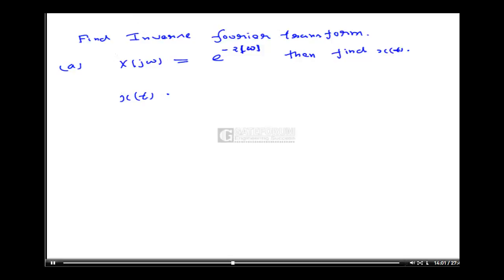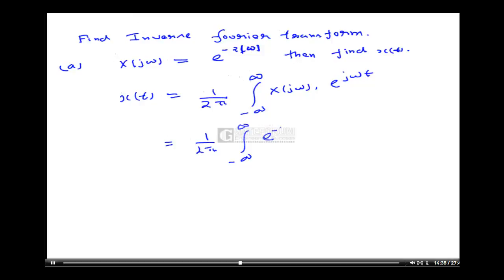x(t) equals 1 by 2 pi integral from minus infinity to infinity X(j omega) e to the power j omega t d omega.